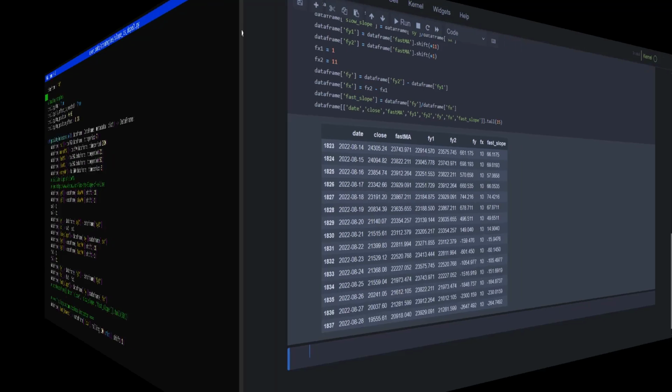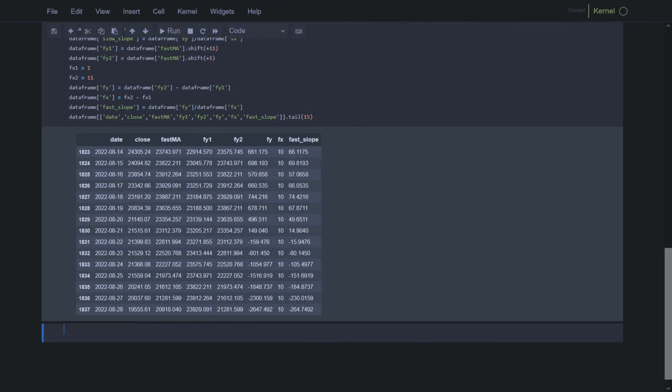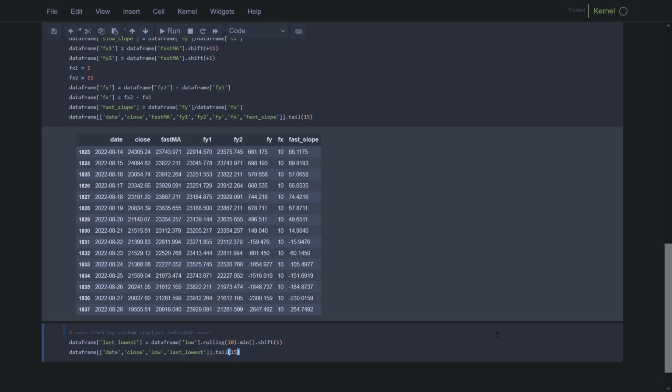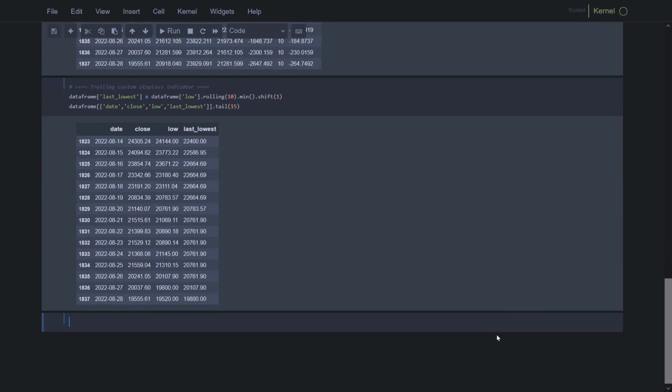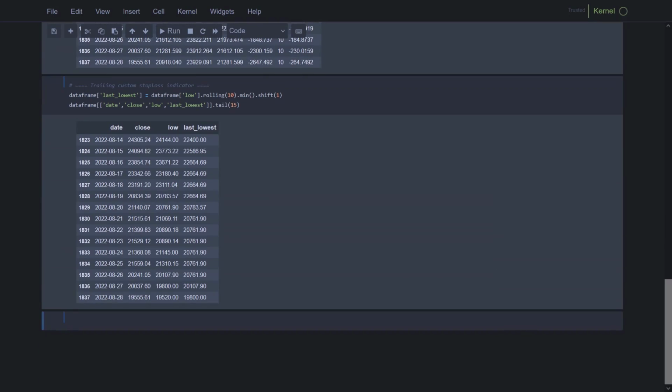Now if I put this in the data frame, then you will see what I mean. I create a new column that determines the lowest low over the rolling 10 previous candles, and then shift that value to the current row cell. You can see what I mean if I show you only the date, close, low and last lowest column.